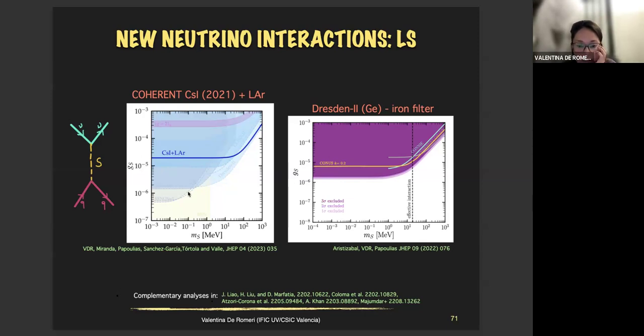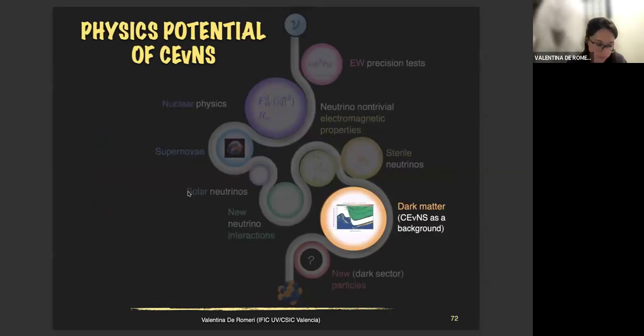So there is really a big complementarity between these facilities, and therefore it's really interesting to have results from both of them to get the most of the information, both concerning standard model and BSM physics.